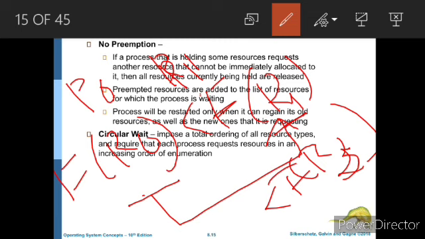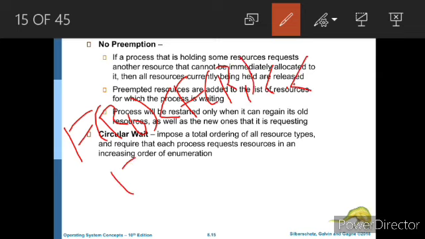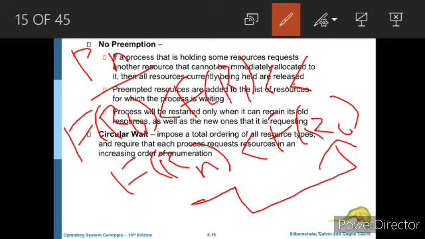So this process continues: f of R0 less than f of R1 and so on, less than f of Rn, and last one, less than f of R0. This is for the last process Pn, which is waiting for the resource type Rn, but it is holding the resource type R0.